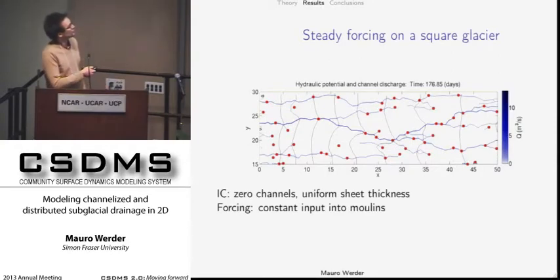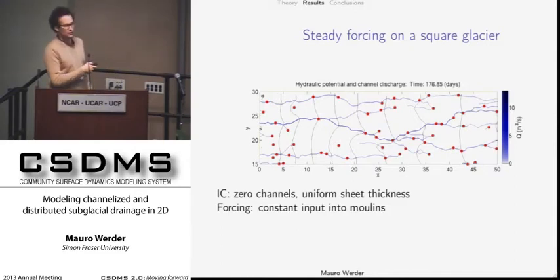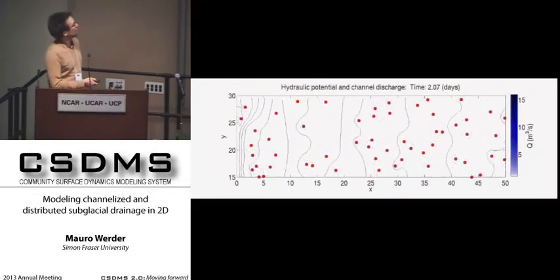Now I show contours of the hydraulic potential. If you're landscape evolution modelers, you can think of those as similar to contours of the elevation, and how these are influenced.